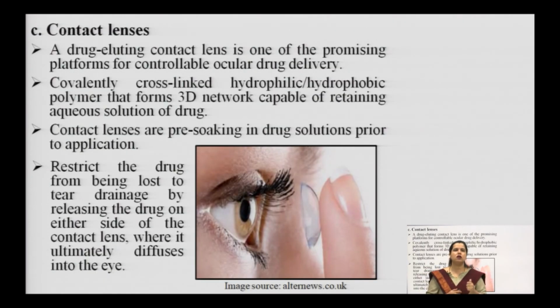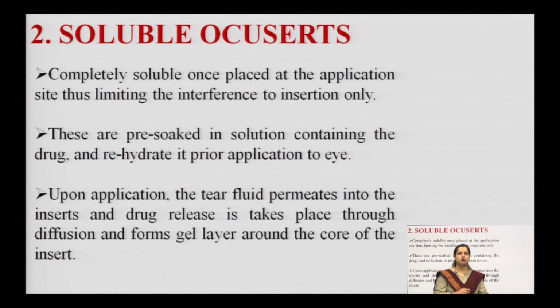Now, the next is contact lenses, which are widely used for non-medicated purposes as well, but can be prescribed for medicated purposes, but the condition is they are pre-soaked in the solution before applying to the eye, right. Then after this, soluble Ocuserts are there.